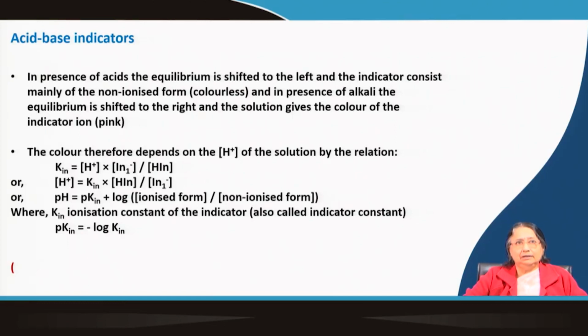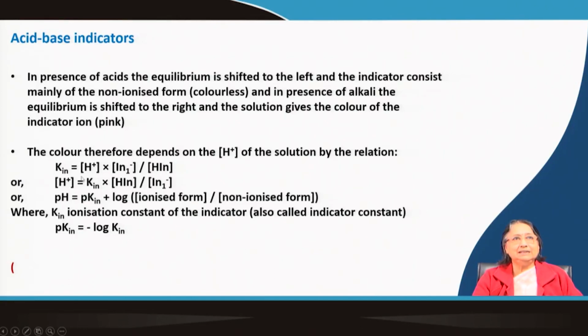I have shown you the equation in the previous slide. So, K indicator, that is why In is written, K is equal to H plus ion concentration into In minus concentration divided by HIn, the undissociated form concentration.